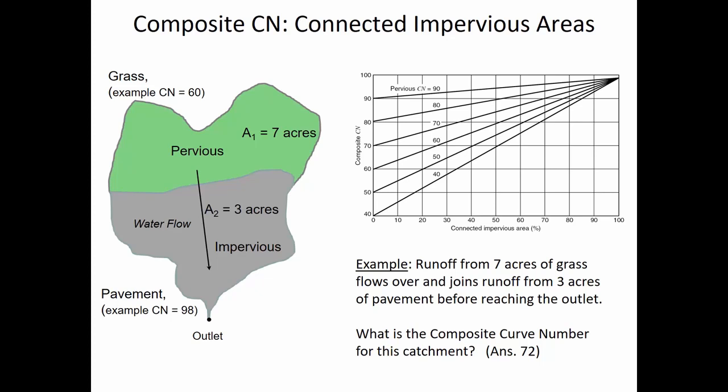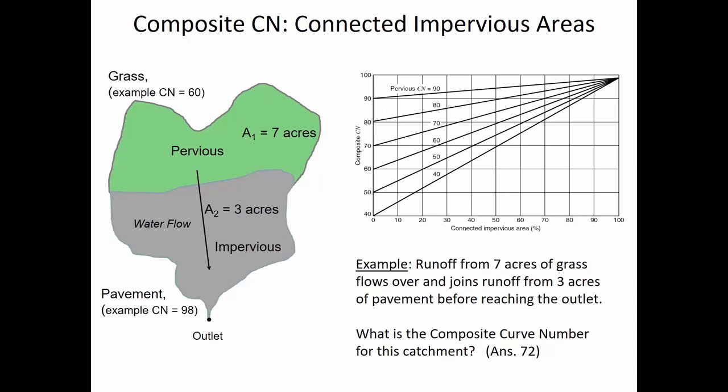So take a moment to consider the figure on the left. What this is saying is that we have a 10-acre watershed, just as an illustration, with two distinct land uses. We've got one land use that is pervious area, so that could be grass or other vegetation. And then we have downstream of that, see from this arrow you can see the direction of water movement towards the outlet.